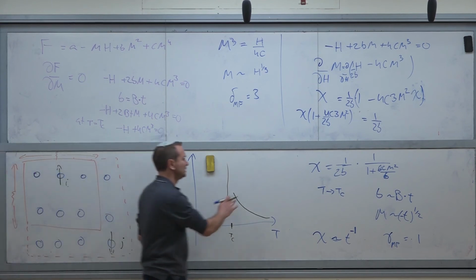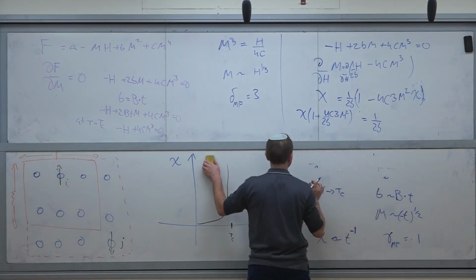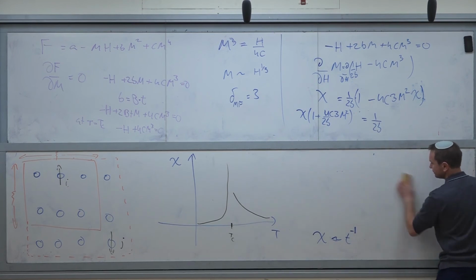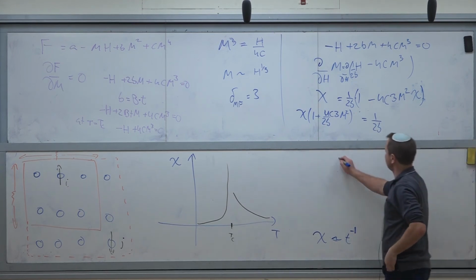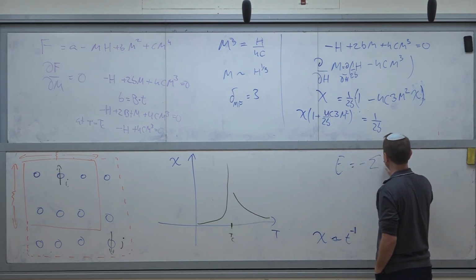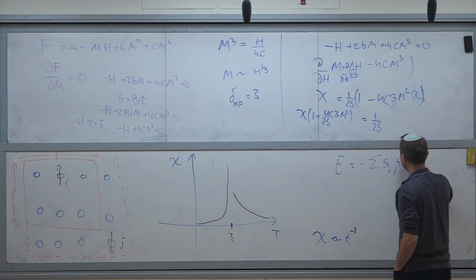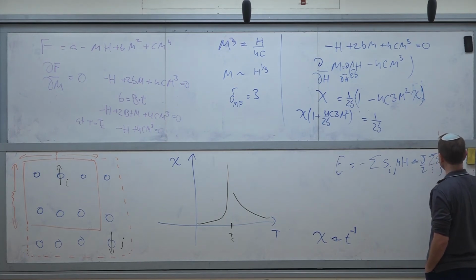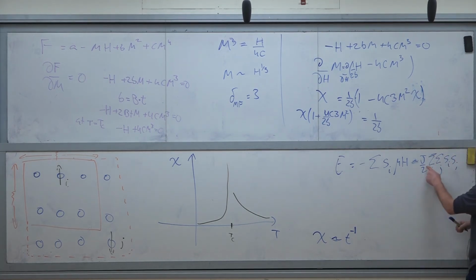The problem is that the energy of the Ising model was minus a sum of S_i mu H, minus J over 2, a sum over i, a sum over j, S_i S_j, and this is when the interaction is extremely short-ranged.